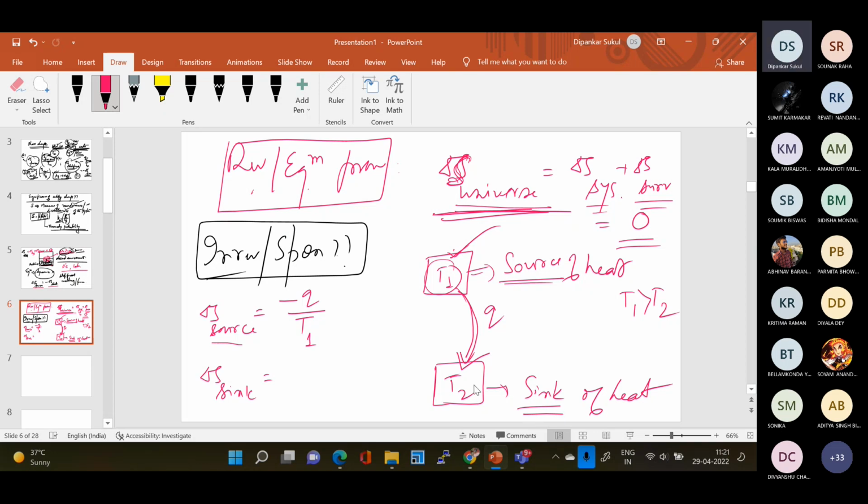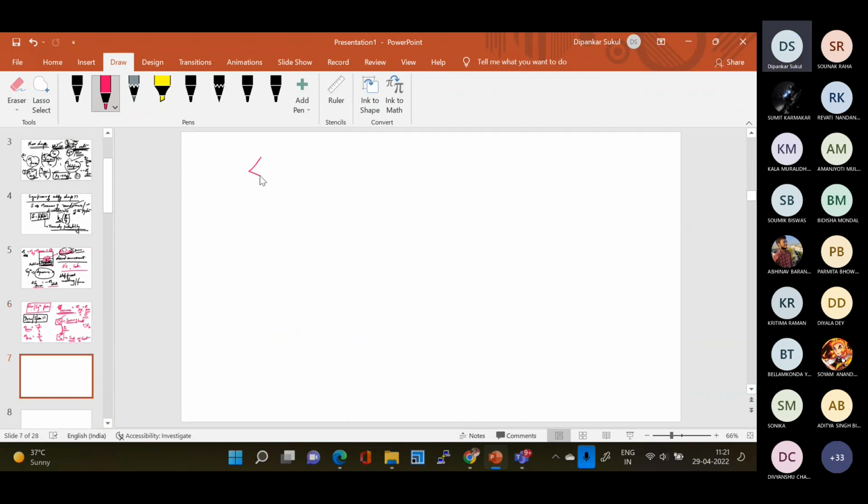That means the sink is absorbing Q amount of heat, so Q will be positive now. The corresponding temperature of the sink is T2. Then what is the total? Delta S total is delta S source plus sink. That is minus Q by T1 plus Q by T2.